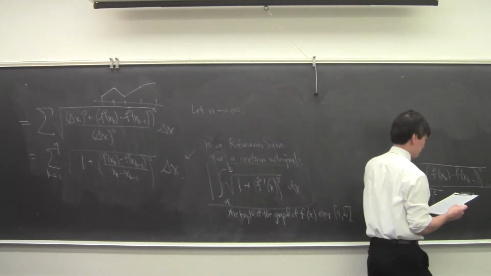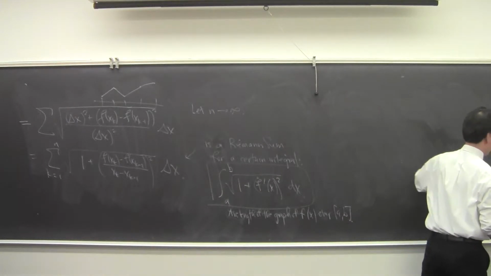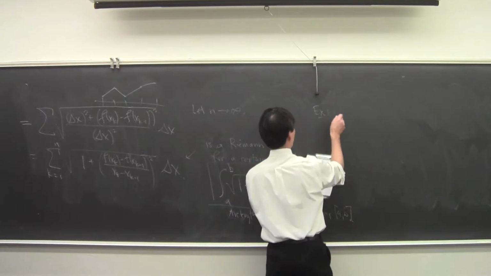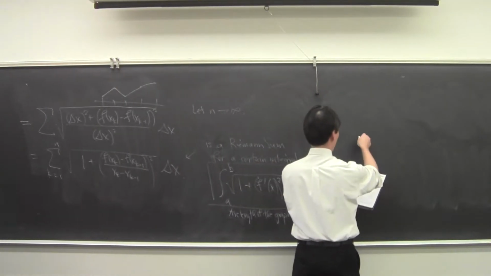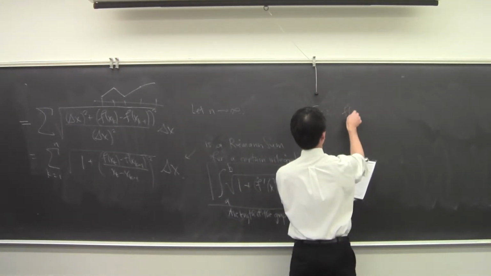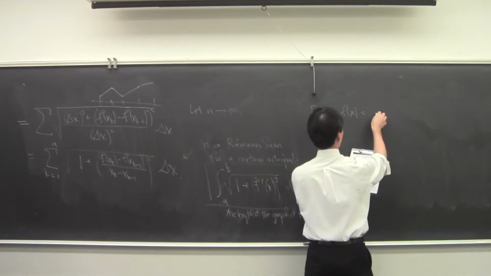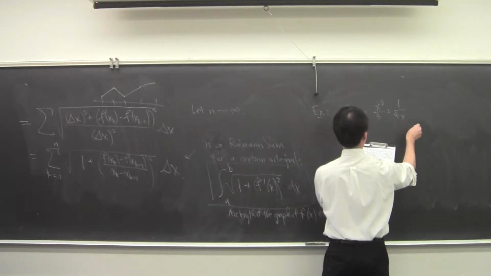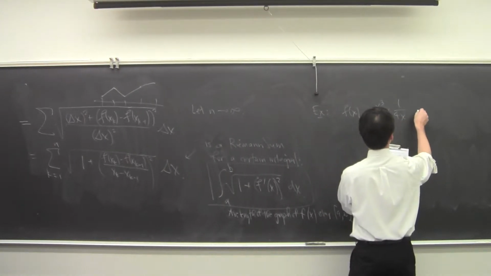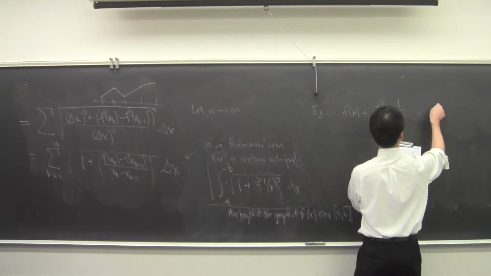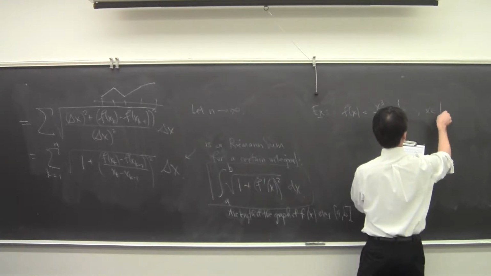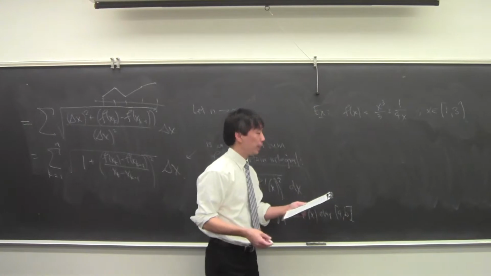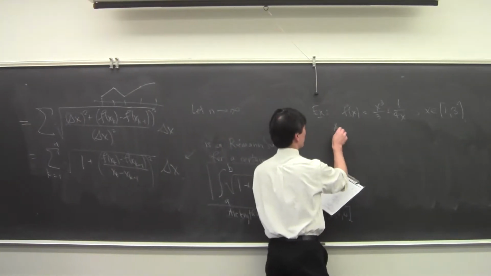So, for example, if somebody gave you a function f of x being x cubed over 3 plus 1 over 4x, over the interval 1 comma 3, then what would be the arc length?